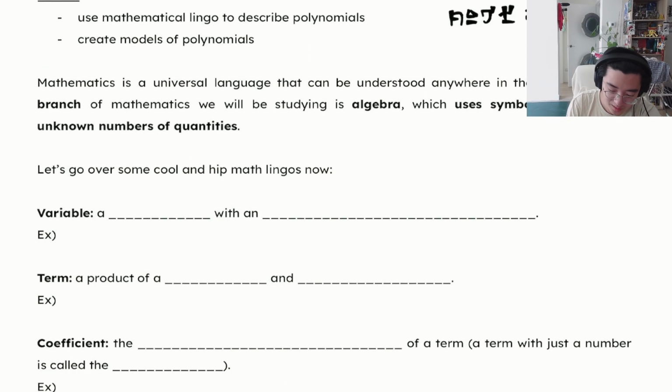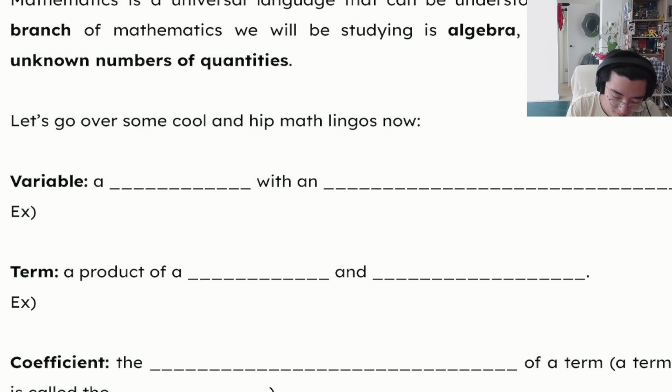So here's some pretty cool and hip math lingo that we've been using for probably a few decades by now. A variable, something that we've been working with for a while, is a letter representing an unknown real number.